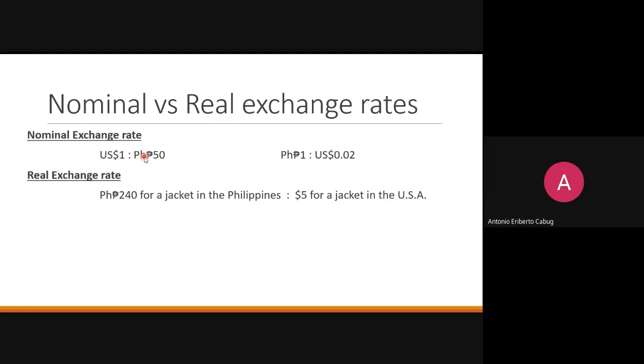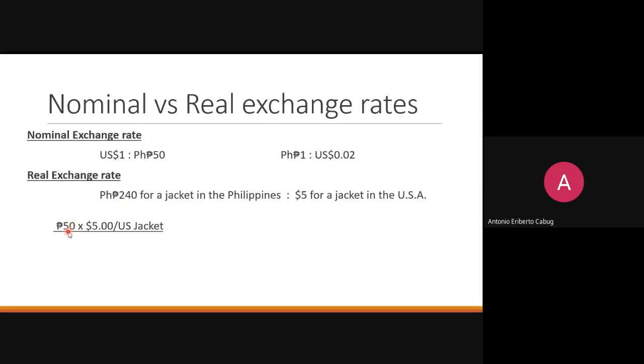Tama ba? Try nyo. 50 times $5, that's 250. The real exchange rate is expressed this way: a jacket in the Philippines is how many times more costly than the jacket in the USA? You can calculate it this way.